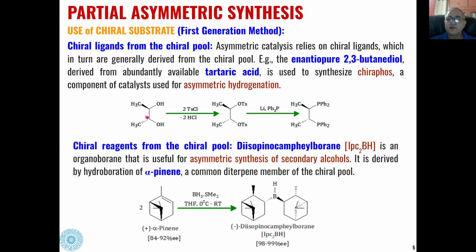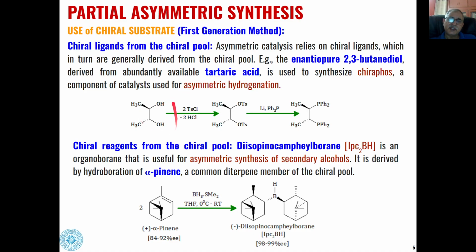compounds. So for example, if we have this enantiopure 2,3-butane diol, this can be easily synthesized from tartaric acid, and this gyrophos, this catalyst which is used for asymmetric hydrogenation, can be synthesized from tartaric acid.